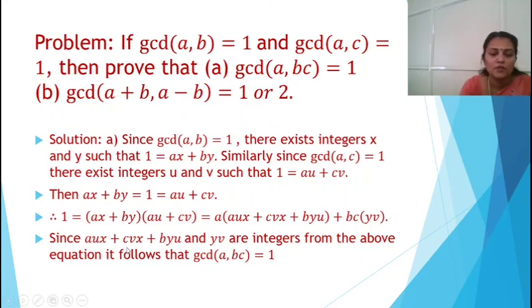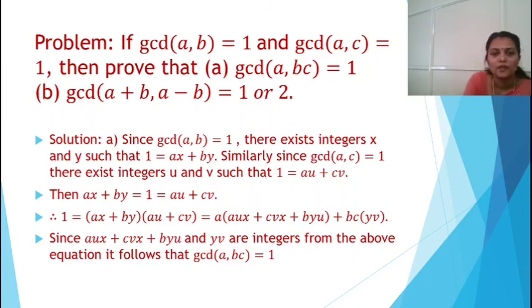Since aux plus cvx plus byu and yv are integers, from the above equation it follows that GCD of a and bc equal to 1. This is some other integer, so we can think of it as am plus bc into n, which is also in the form of 1 equal to ax plus by.